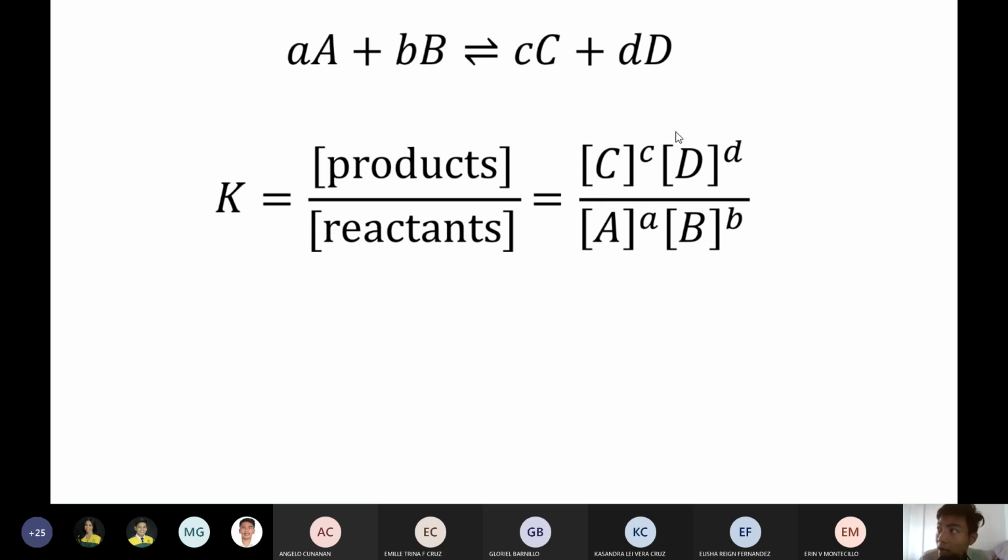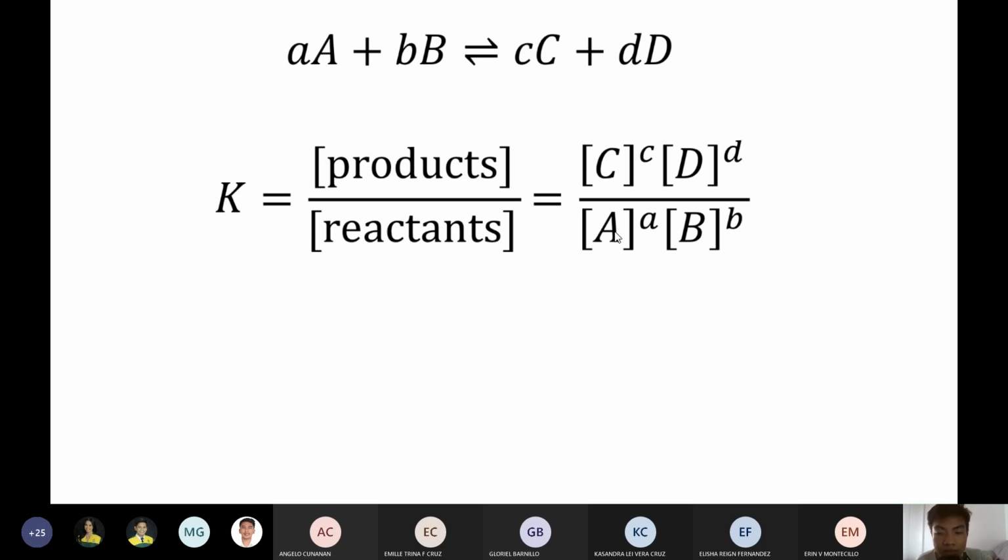Molar concentration of substance C, molar concentration of substance D. I-multiply mo sila. And then, what you're going to do with the coefficients is that you will make them the exponent of your species. Gagawin mo silang exponent ng iyong species. For example, itong small letter c, that will be the exponent of substance C. Small letter d, that will be the exponent of substance D. Okay?